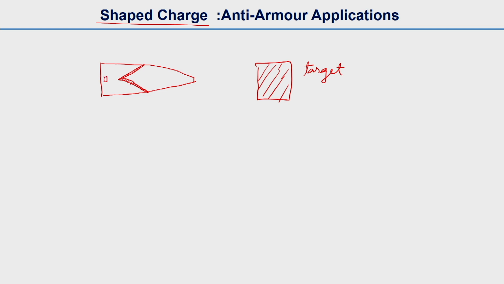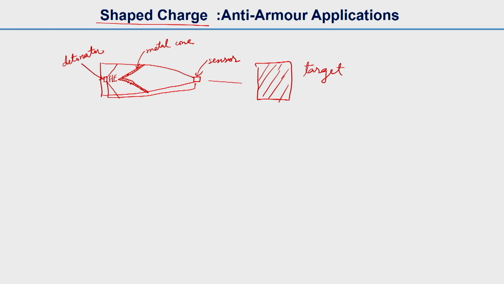We have a detonator here, and then we have high explosive. This is the detonator, and we have high explosive. This is the metal cone, detonator, metal cone, and we have a sensor here. The sensor will be connected to the detonator.